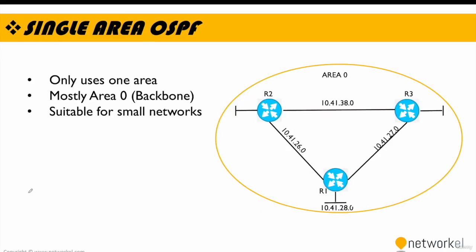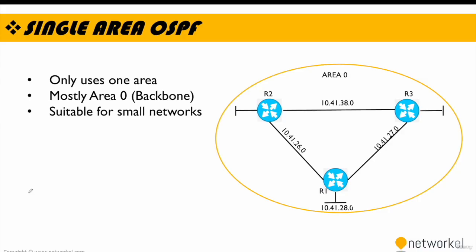So we have mainly two types of OSPF design: single area and multi-area OSPF. In a single area network, all routers belong to just one area, and that is mostly the backbone area, which is area 0.